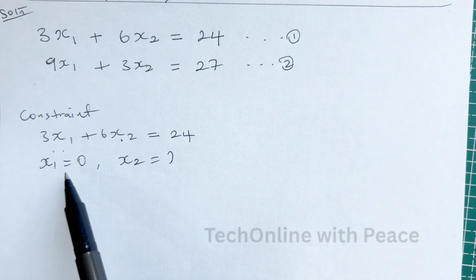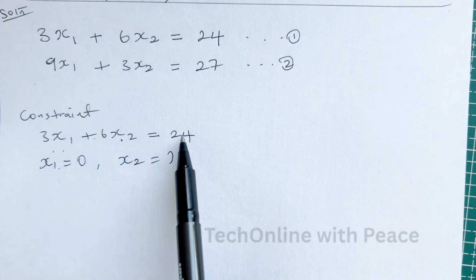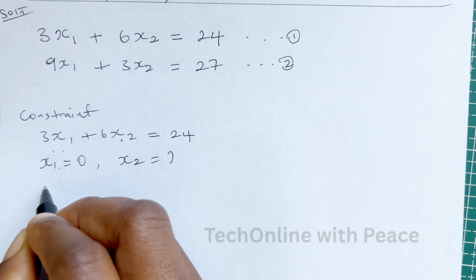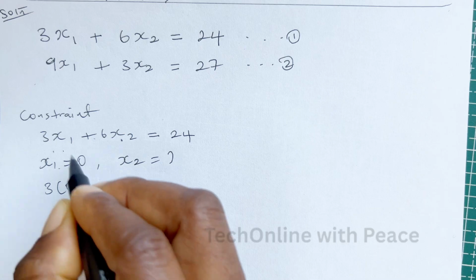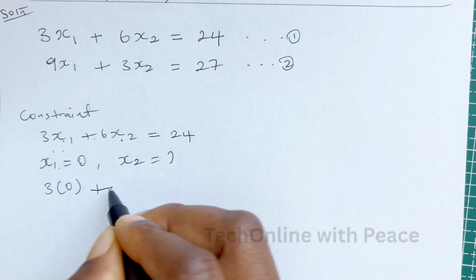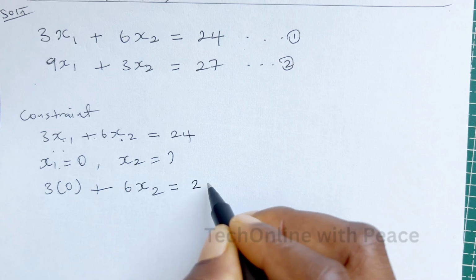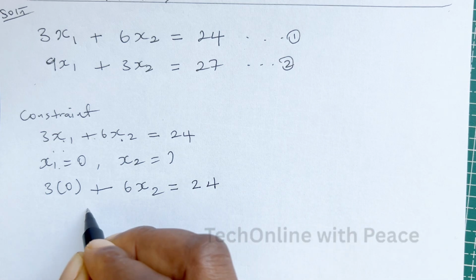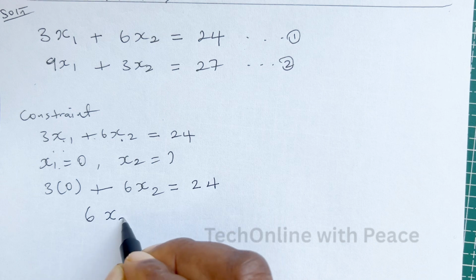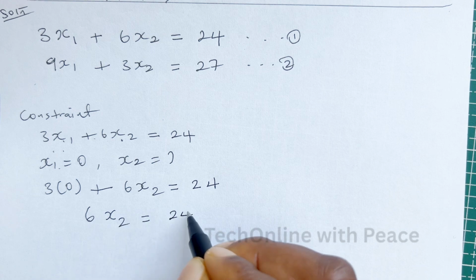We substitute into this equation. We have 3 times 0, because x1 is 0, plus 6x2 equal to 24. Therefore, we have 6x2 equal to 24.